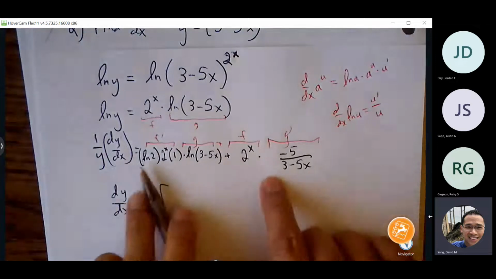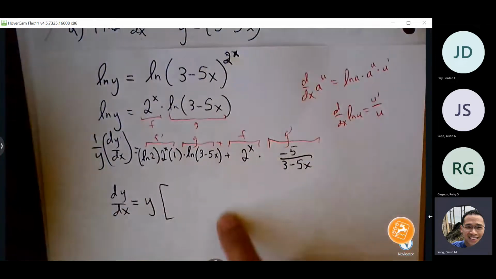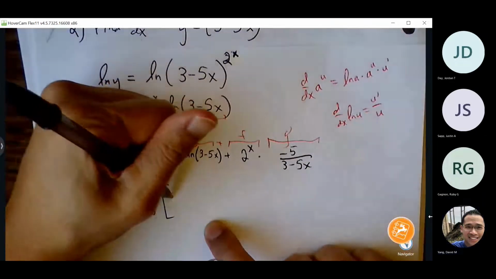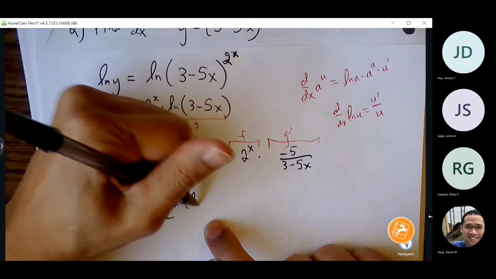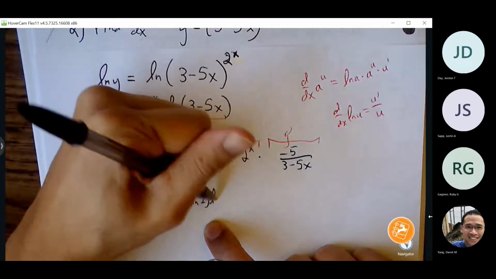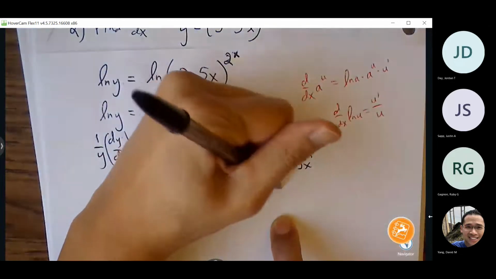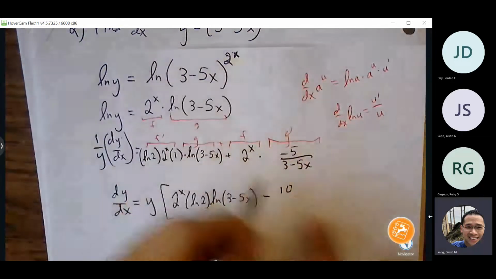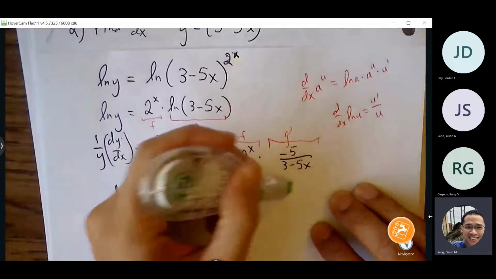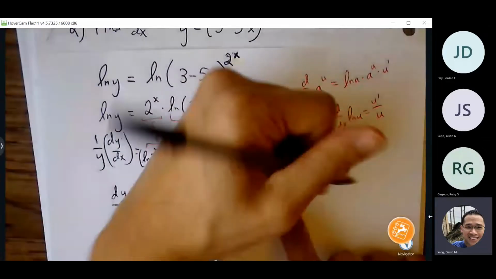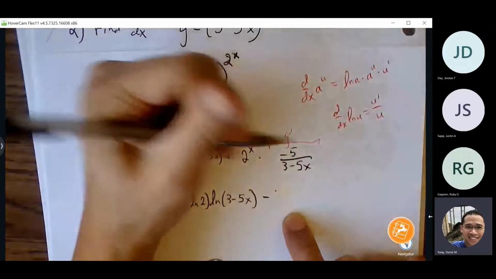And in this, just try to merge as much as you can. I'm not going to ask you to do too much there. Oh, I can't merge them. I can just put them next to each other. I can't multiply the 2 and 5. Let me just say 2 to the x times negative 5.